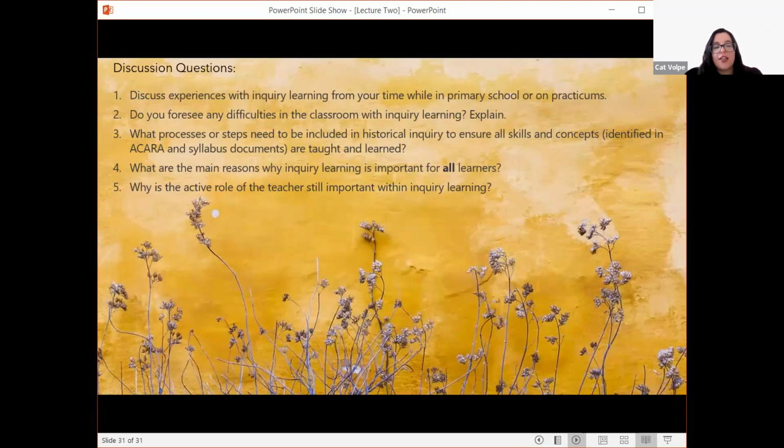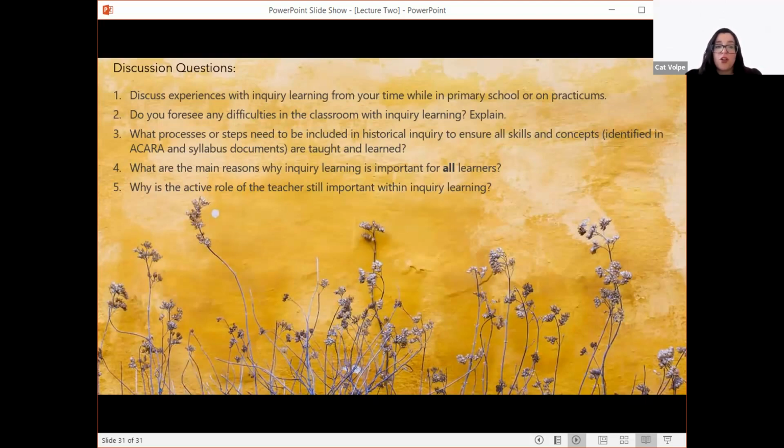So I think that's quite interesting to think about because typically, when I first learned about inquiry learning, I would have thought the same too. So I would say that that is definitely true from my experience in the classroom, that inquiry learning is beneficial for all students at different levels. So it's something we definitely need to be taking on board and using in the classroom as much as we can. That being said, inquiry learning is not something that can be used all the time.